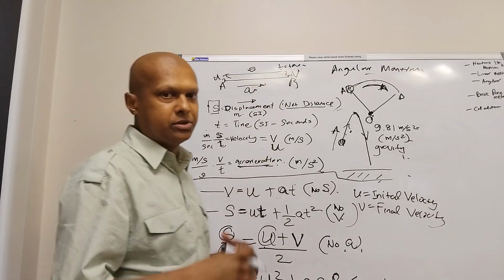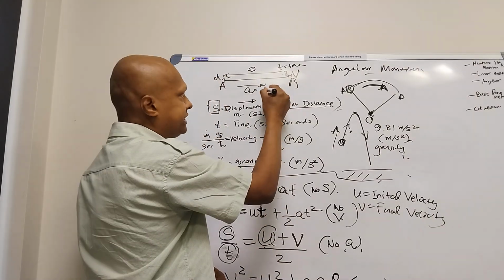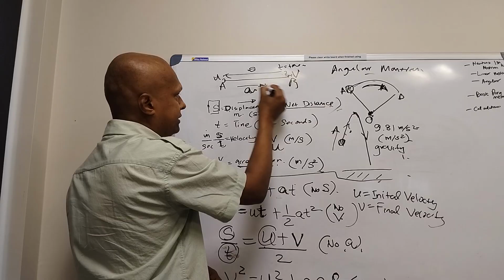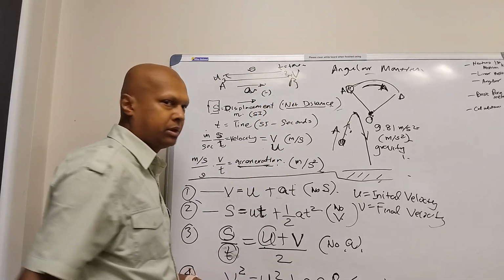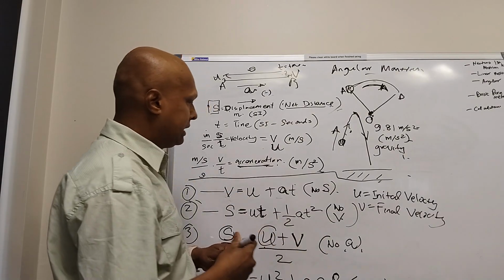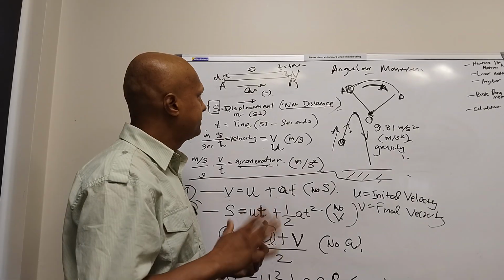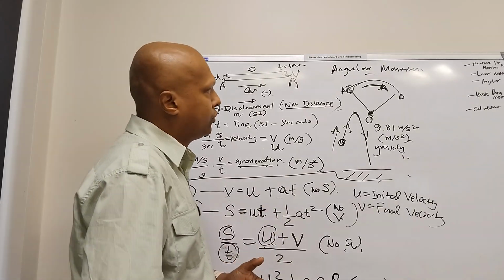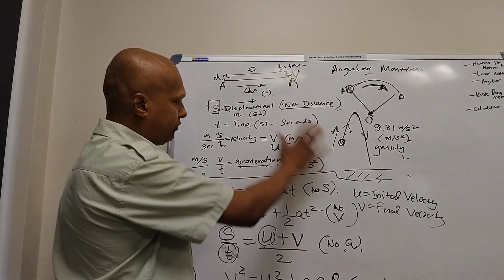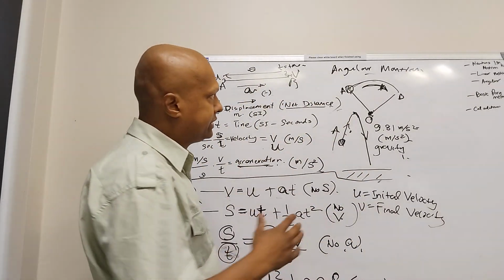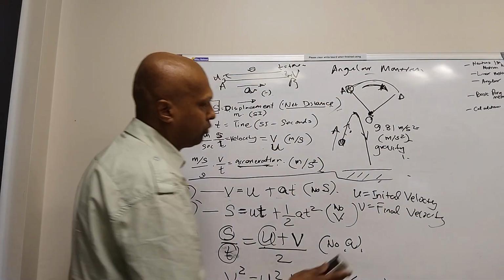If the velocity is reducing, it's called deceleration, which is also A, and its value would be a minus value because it's going down. Usually if speed is going up, it's acceleration. So those are the equations we use for linear motion, and then we use the same formulas for angular motion.